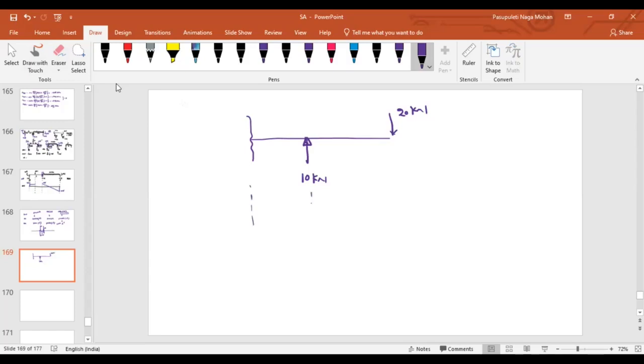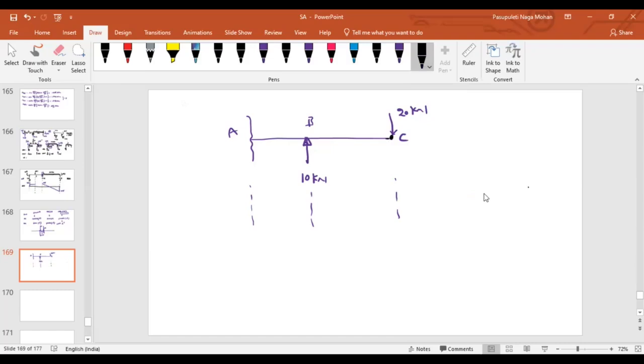That's what we have discussed. Yes, sir. Now, look at point C. Can we define the shear force at point C? No, sir. In that case, what should we do? We have to take a section immediately to the left or immediately to the right.